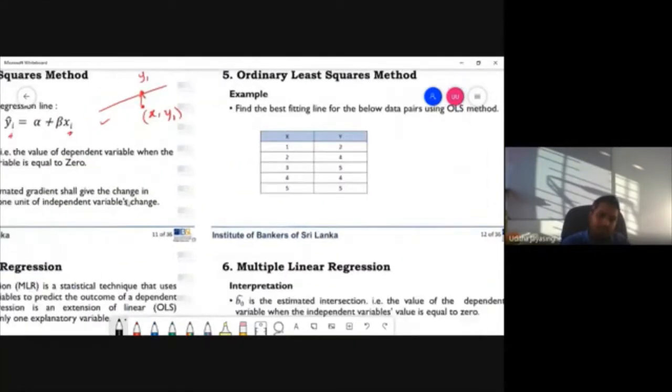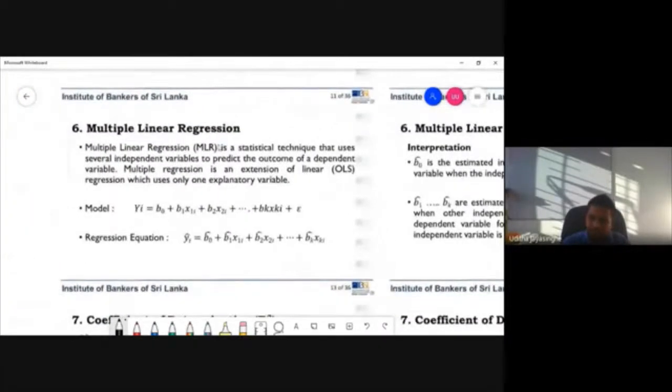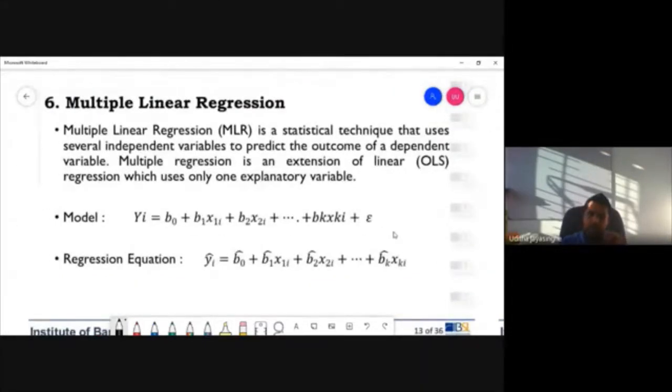Okay. Continuing with our discussion, so far we have calculated the simple linear regression. But students, don't forget the other aspect of our discussion, that is multiple linear regression. Here, for a given variable, there will be more than one independent variable that is going to determine the value of the dependent variable.